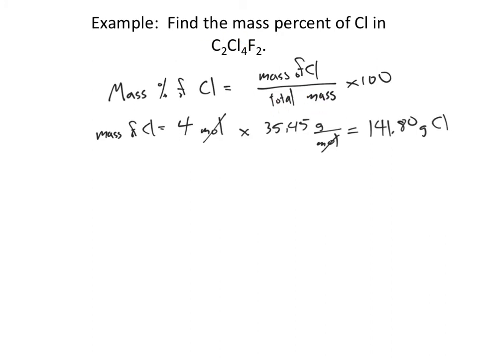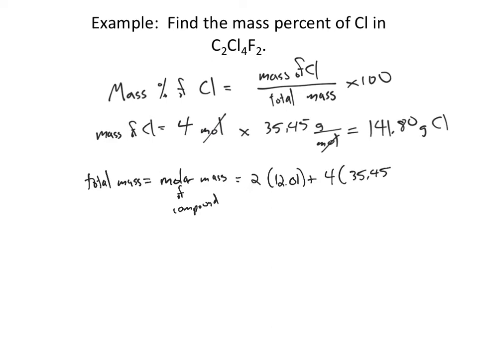Right, and then the total mass is just going to be the molar mass of the whole compound. So I just need to add up 2 carbons, 4 chlorines, and 2 fluorines.